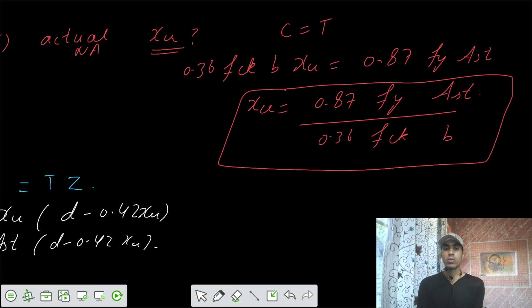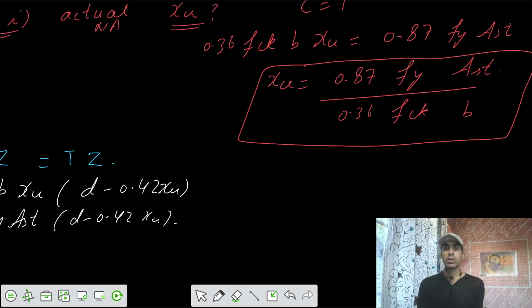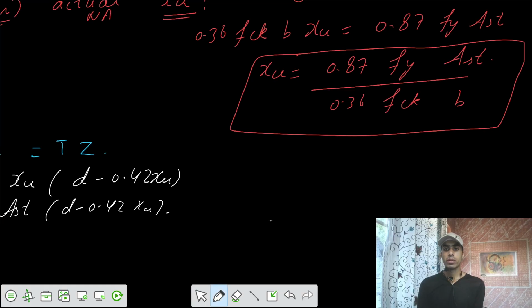Now we got the first one. Now we need to compare this with Xu limiting. The second step is that you need to get the value of Xu limiting, which is equal to k times d.